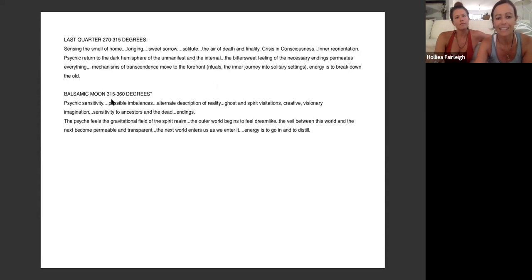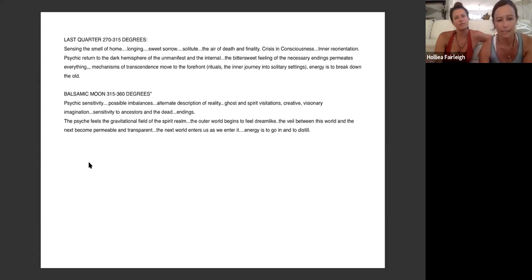And then the last one, balsamic moon, is really connected to Pisces energy. It's endings. So Pisces is the last sign in the zodiac, and balsamic is this. So it's about moving back to source.